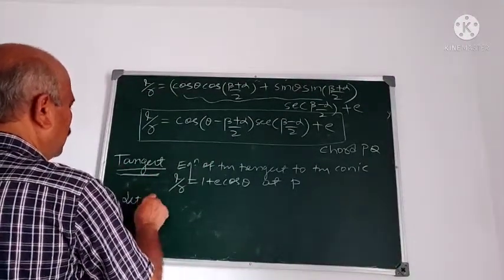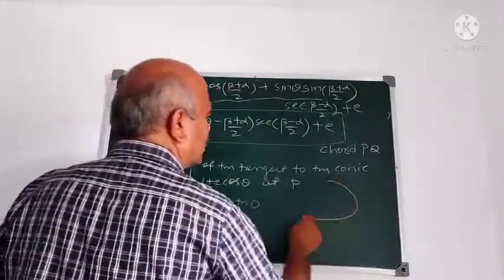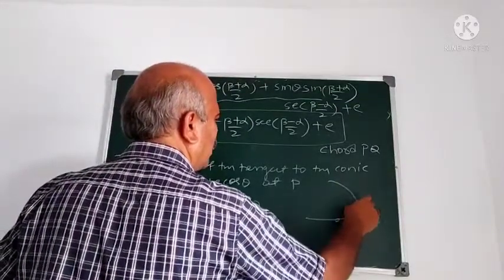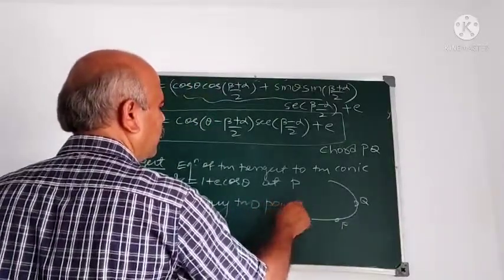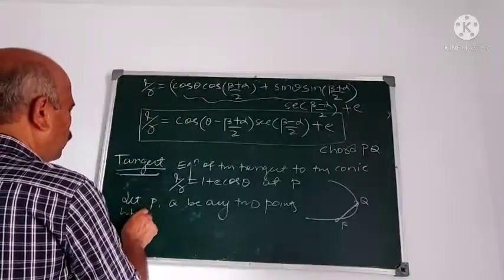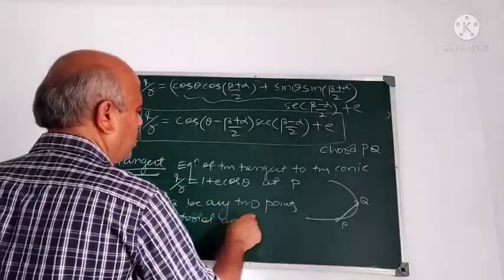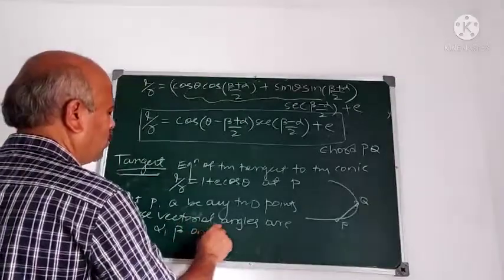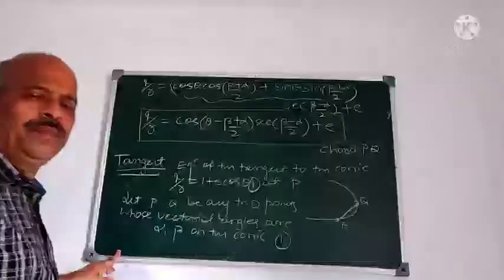let PQ be any 2 points. This is P, this is Q. This is the chord, any 2 points whose vectorial angles are alpha, beta on the conic 1.